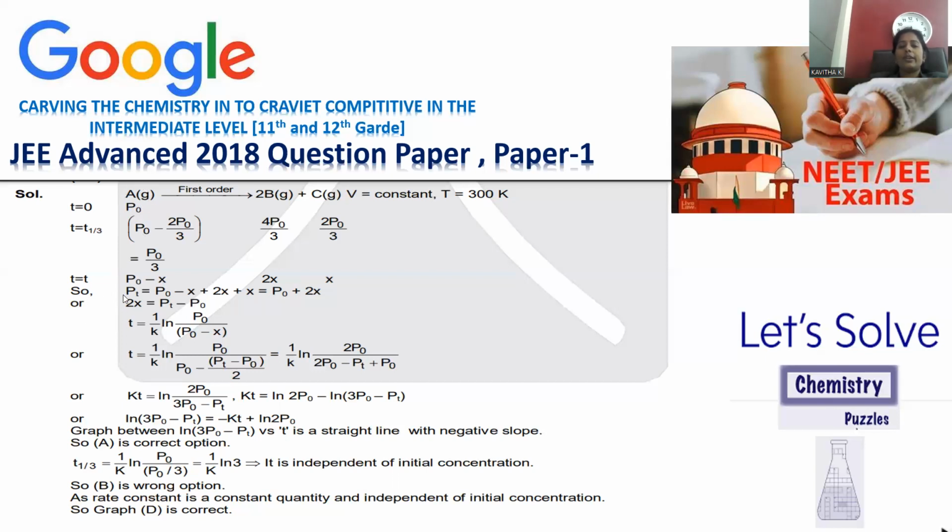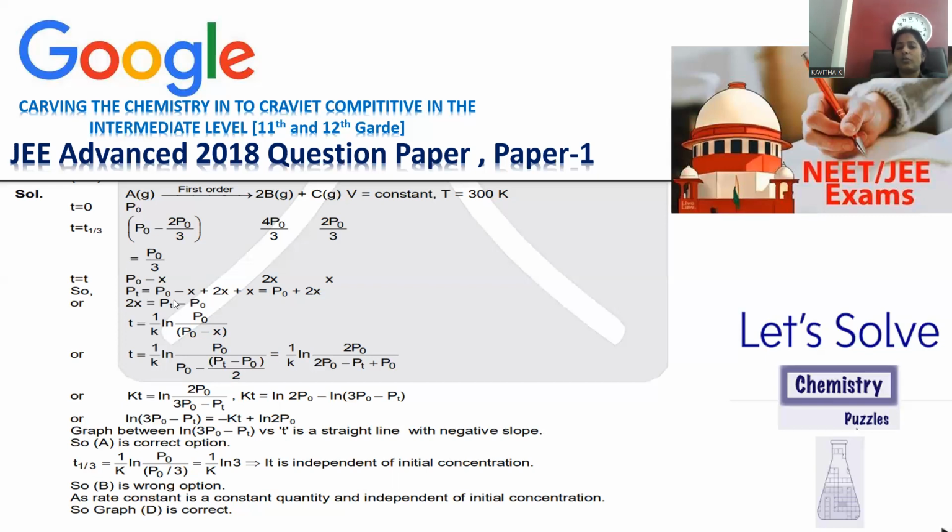So what I am doing, Pt is equal to, Pt means at a time t, the pressure is given by adding all these terms. How can I add? P naught minus X plus 2X plus X. All these values can be summed up. When you add all these, here negative X is there, here positive X is there, so both get compensated.